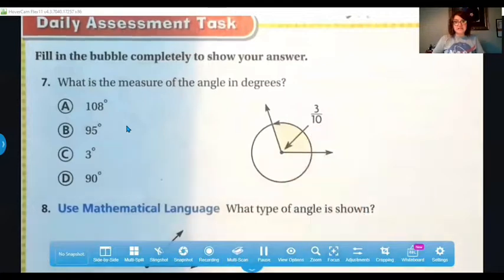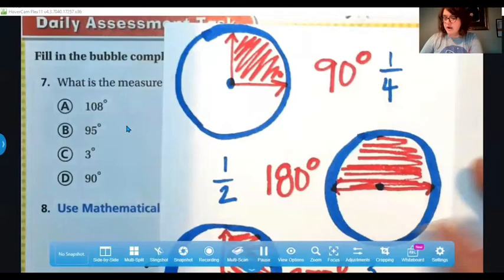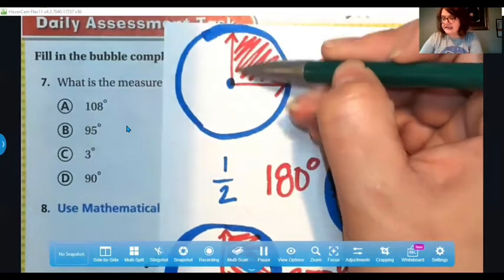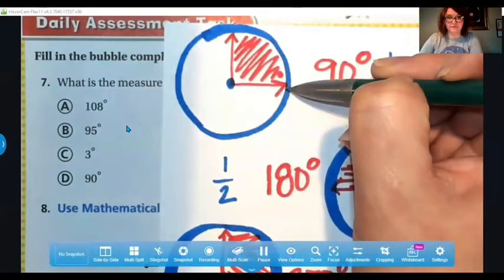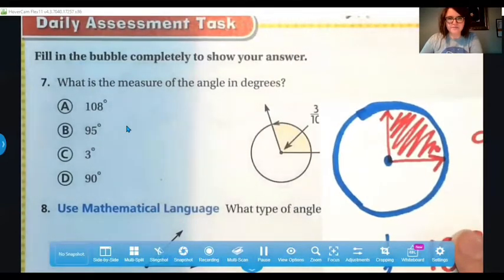One thing that we can definitely tell for sure is we can figure this out by looking at our benchmarks. So I'm going to pull these benchmarks out for you again. Notice when I have this 90 degrees, it is the perfect letter L. Let's compare that to this one.